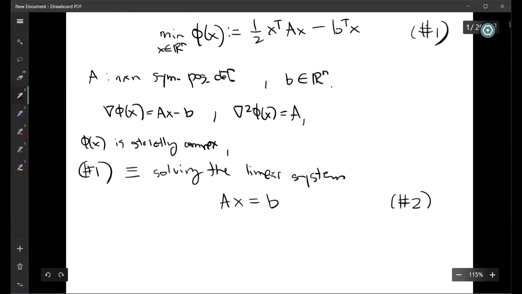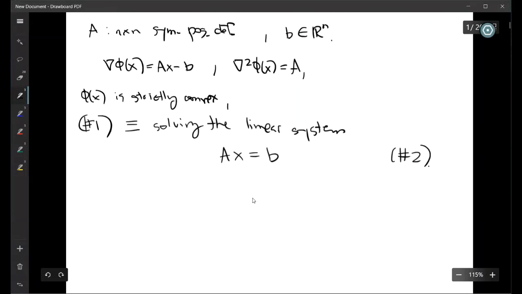Call that hashtag 2. And now let's define the residual function r of x, or simply the residual, as the vector Ax minus b. So that's the residual of the linear system.